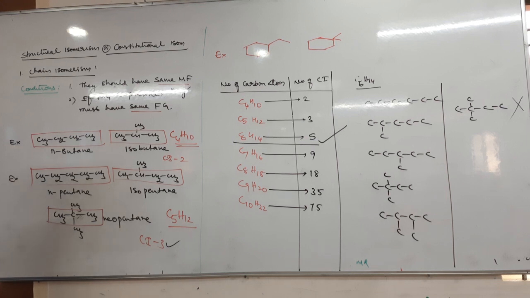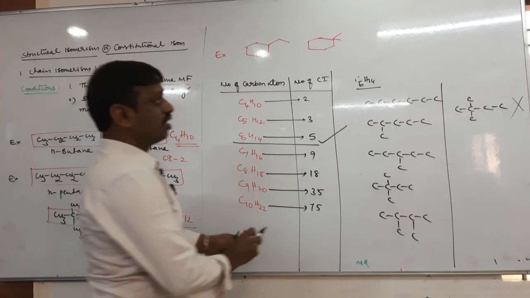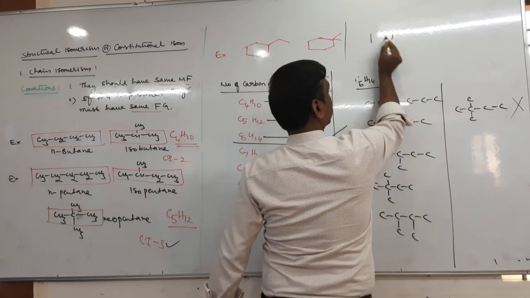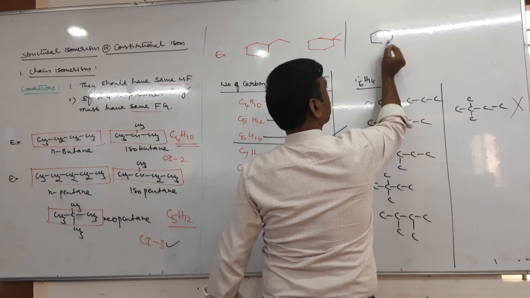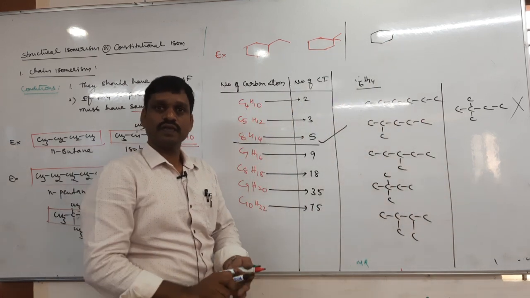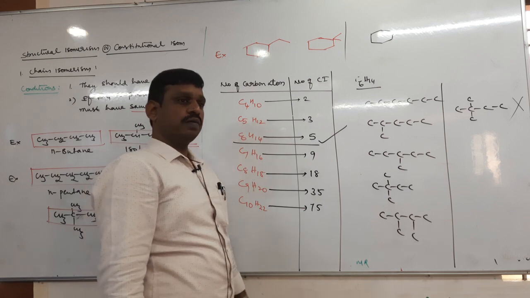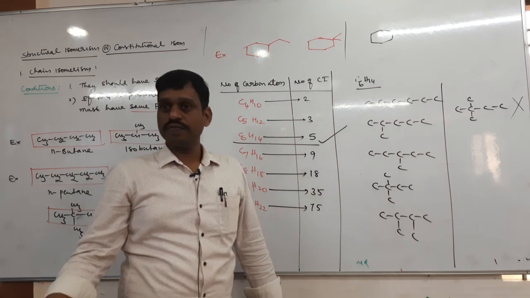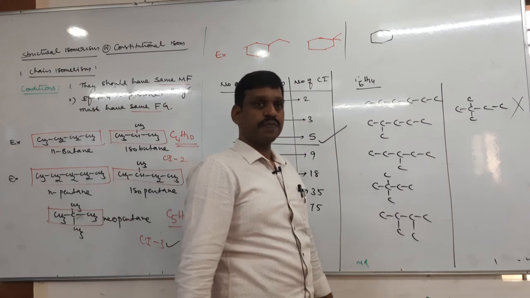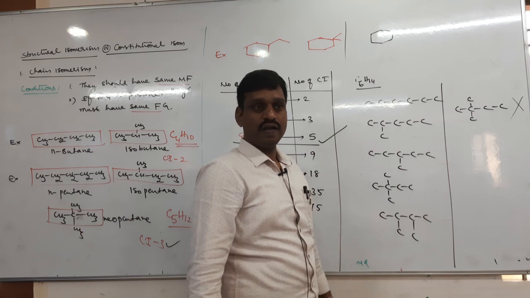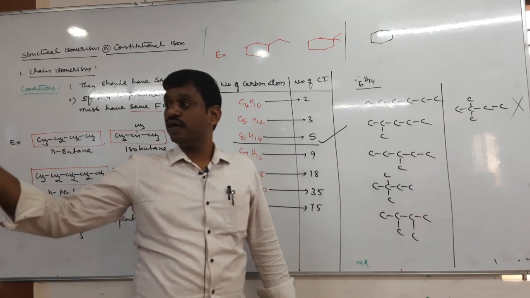Okay. Next, we will write what are the chain isomers of cyclohexane? What are the possible chain isomers of cyclohexane? I am not asking a number. Which are possible? Tell me.